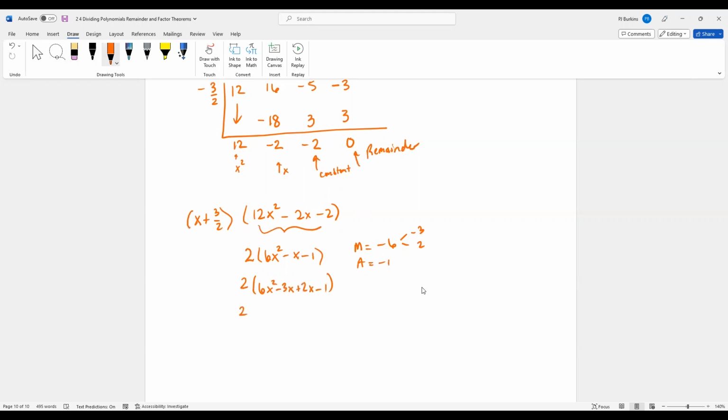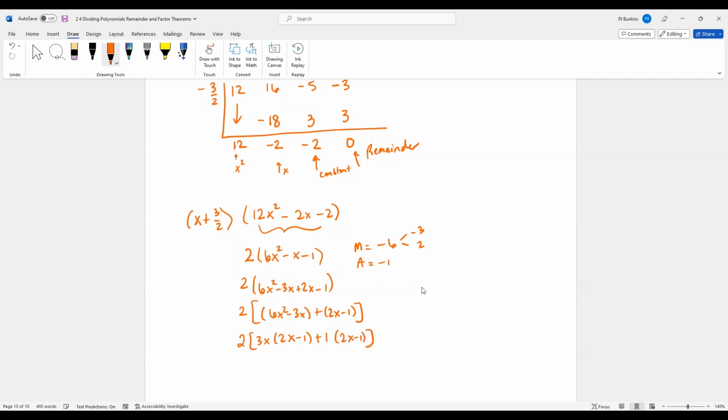Then I'm going to group the first two and the second two. The first grouping has a 3x in common, leaving me with 2x minus 1. And it's so nice because the other one is also 2x minus 1, so I get +1 times 2x minus 1.